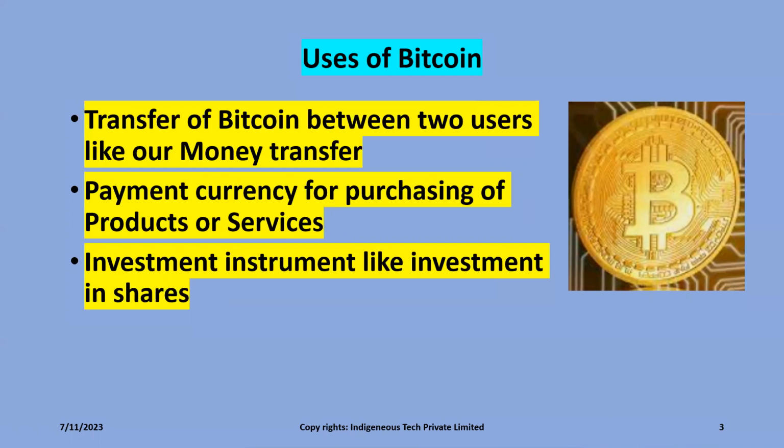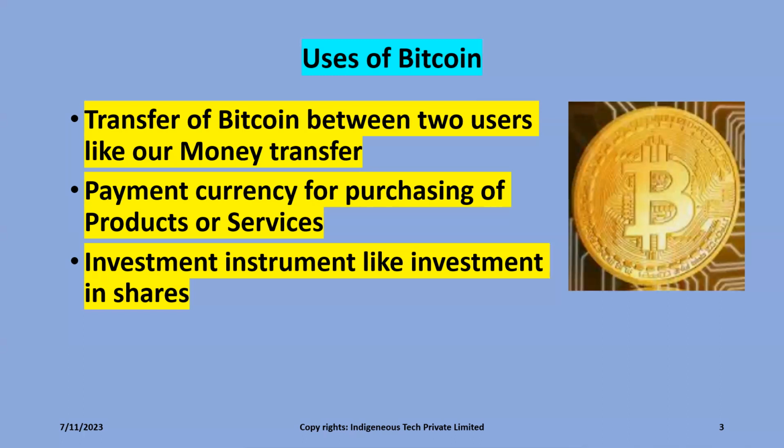Here, the very important factor is when you create a Bitcoin wallet address, it will create an alphanumeric address. It will not ask for any personal particulars. You just need a mail ID and a password. That's all. So you are done with your wallet creation and your own account, which will be an alphanumeric address. Using that, we can transfer Bitcoin from one alphanumeric address to another address.